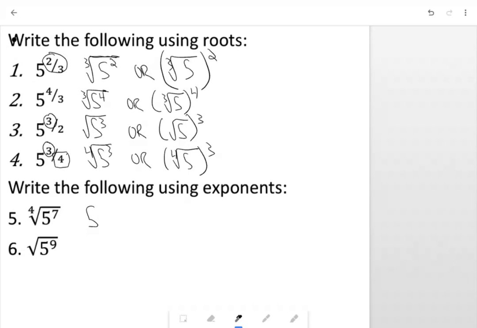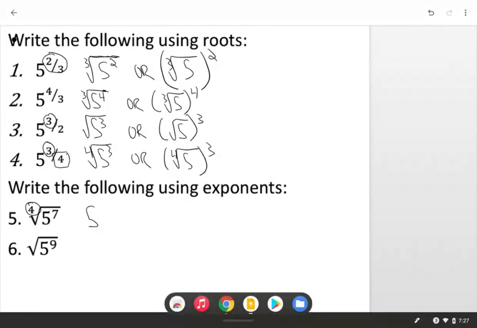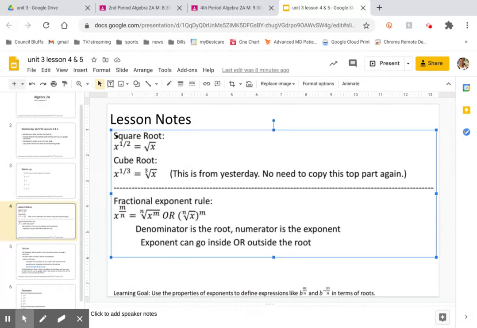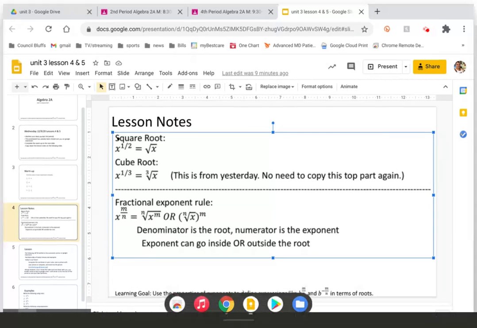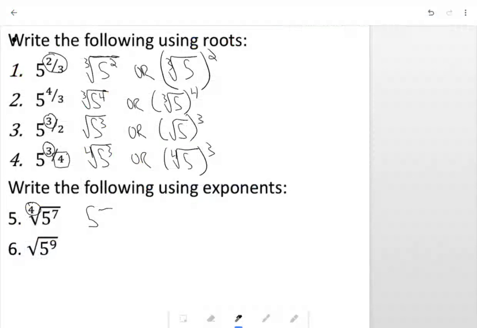Notice the root here is the fourth root. So remember, the denominator of the fraction gives me the root. So the denominator of the fraction is going to be 4. And then by process of elimination, the numerator is going to be 7. So writing that using exponents is 5 to the power of 7 fourths.